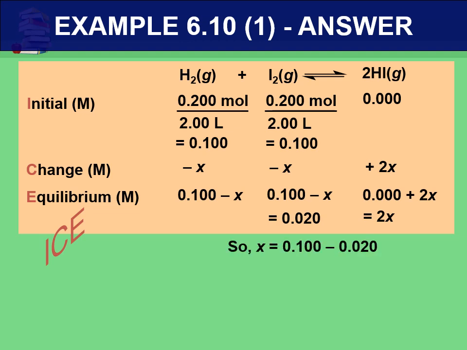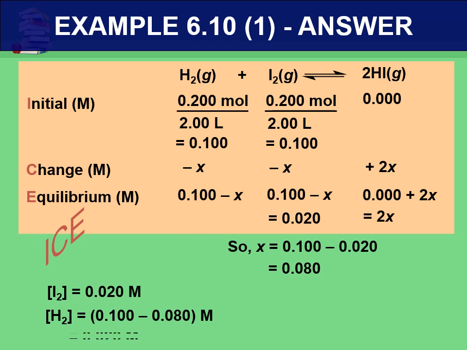Here we can find x. x is 0.08. When we get x, we can find the concentration of H2, which is 0.02, and HI, which is 2x. So 2 times 0.08 is 0.16 molar.